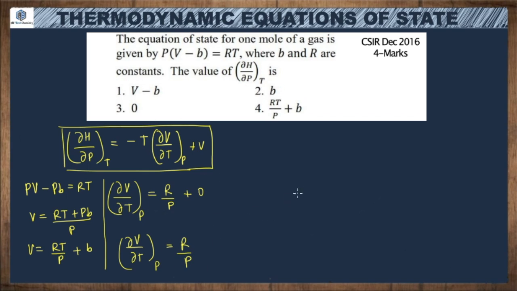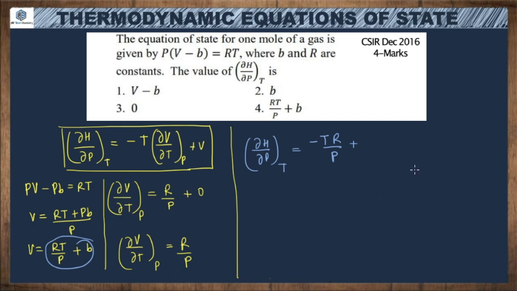I'm going to substitute over here. So when I substitute everything in the second equation of state, I'll be getting del H by del P at constant T equals minus T times R by P, plus V. Instead of V, I am going to substitute the value of V, which was RT by P plus B. Now something can be cancelled, right?